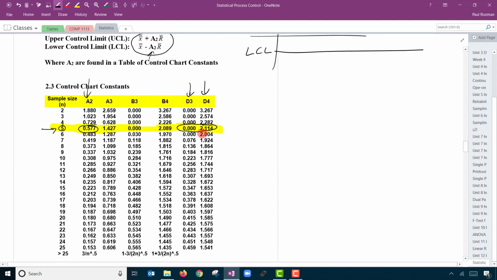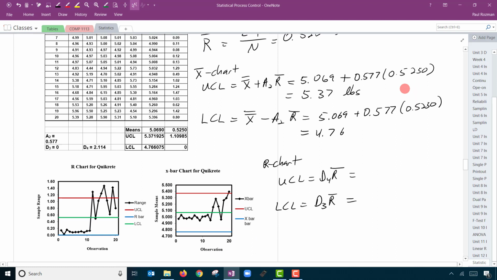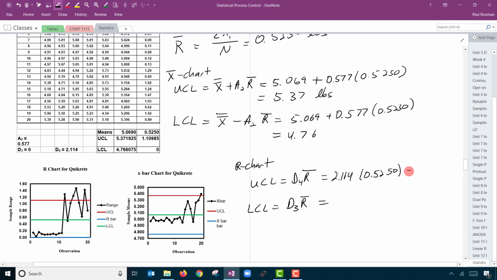D4 is 2.114 and D3 is 0. So 2.114 was our D4, and R bar is just staying the same. It's at 0.5250, and you get 1.1 pounds. And the other one was 0 times 0.5250, which is 0.